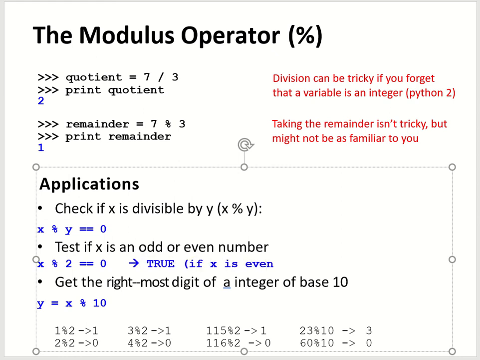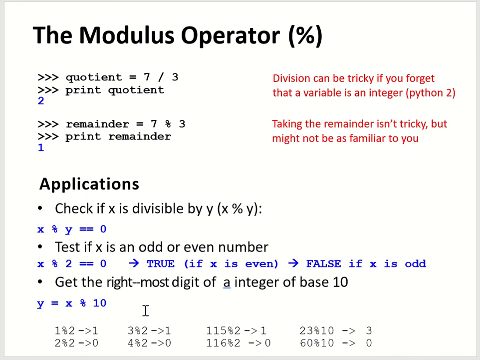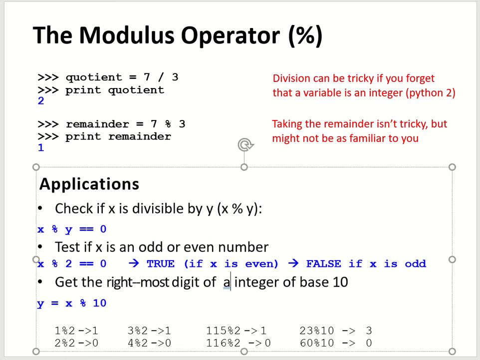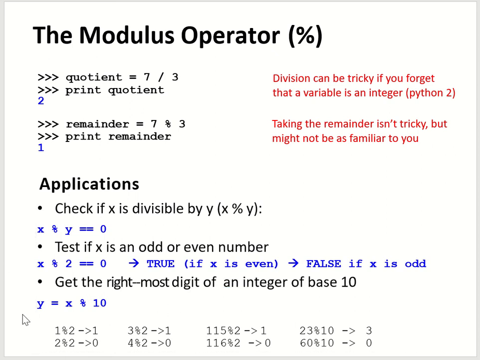If x is even, output false if x is odd. And then here the third example, to get the rightmost digit of an integer, a base 10.